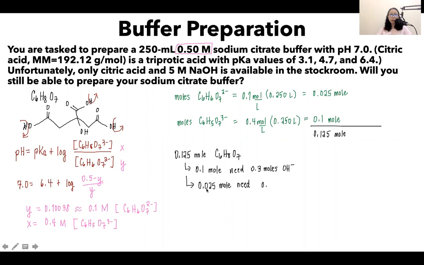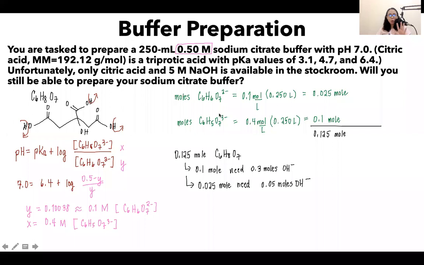So we multiply 0.025 by 2, and we get 0.05 moles of hydroxide ions. So we only need to multiply it by 2. Why 2? Because for every molecule of citric acid, we only need to remove 2 protons. So you only need 2 OH minus ions. Okay?